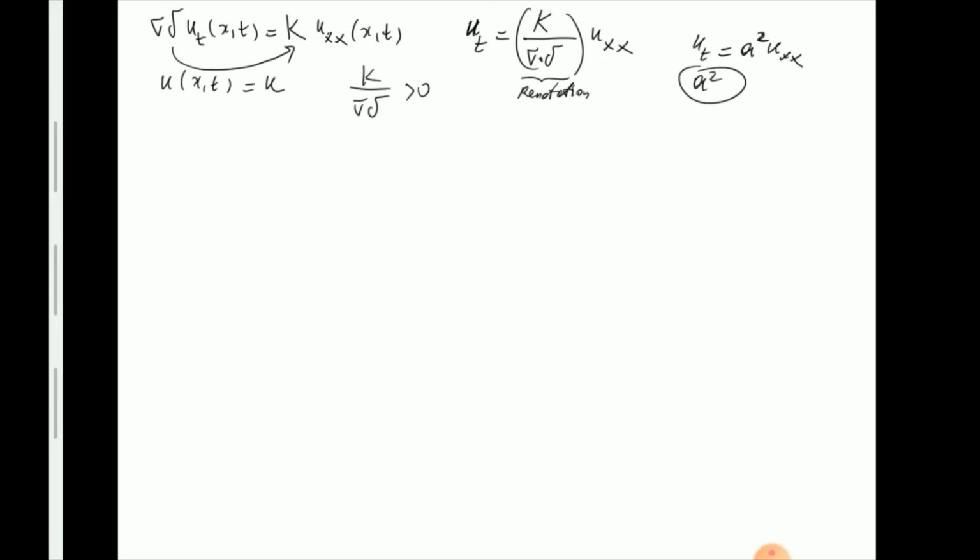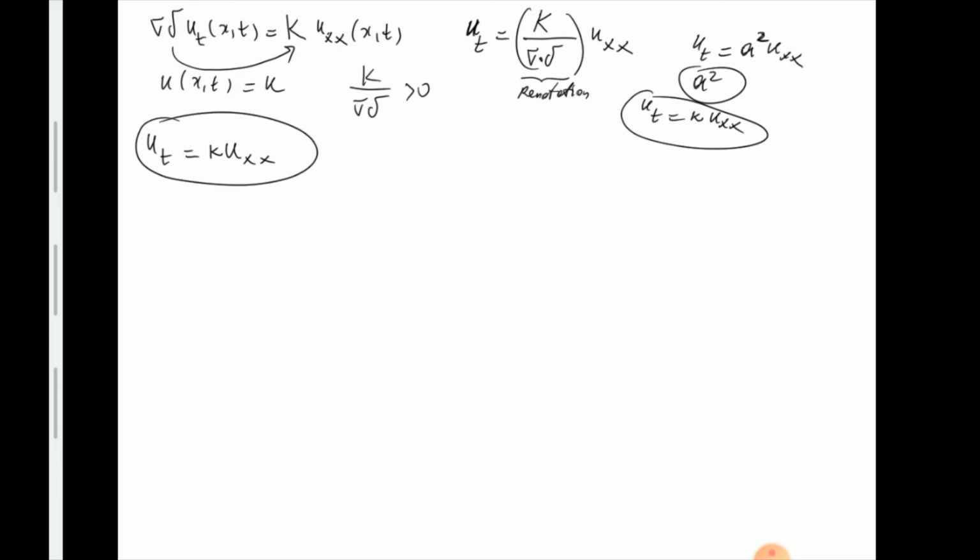But it doesn't have to be. In some books you have, for example, little k of u_xx, not to be confused with big K, the conduction term. So that's another version of how you write the heat equation. In fact, we can use this format because it's consistent with many problems that I assigned for the homework. Little k being the positive constant that comes from these three physical constants.